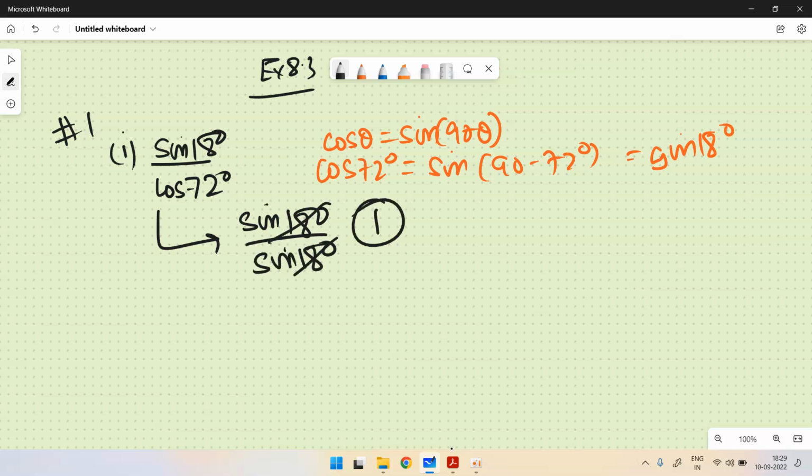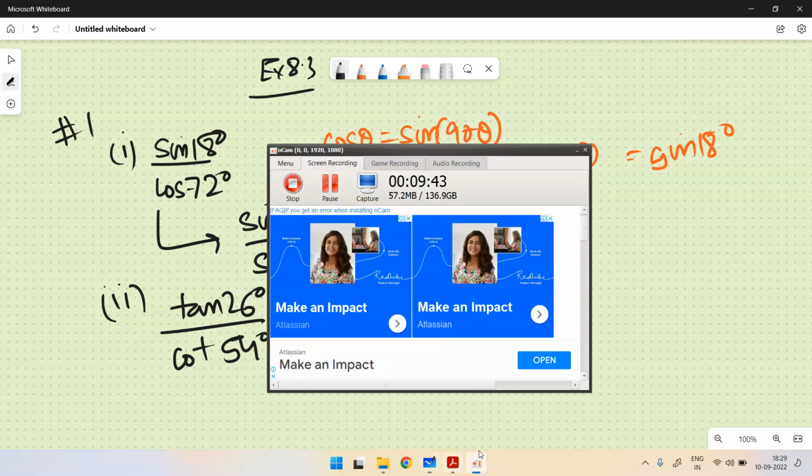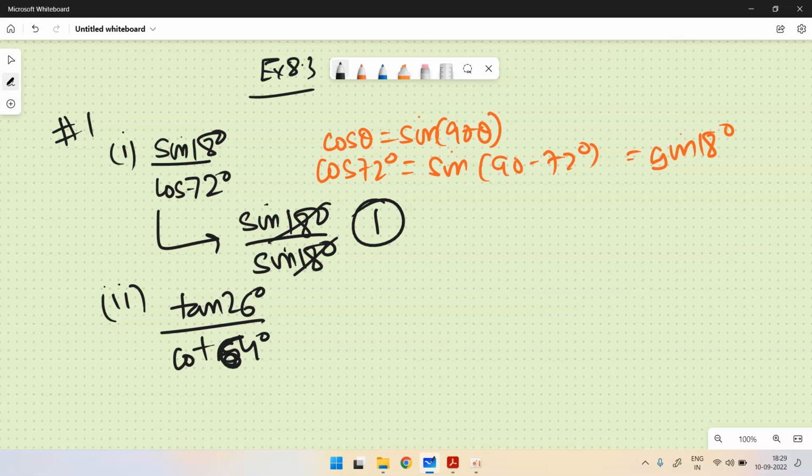1 is the answer. Now second, tan 26 by cot 64 degree. You know that cot theta is nothing but tan of 90 minus theta.